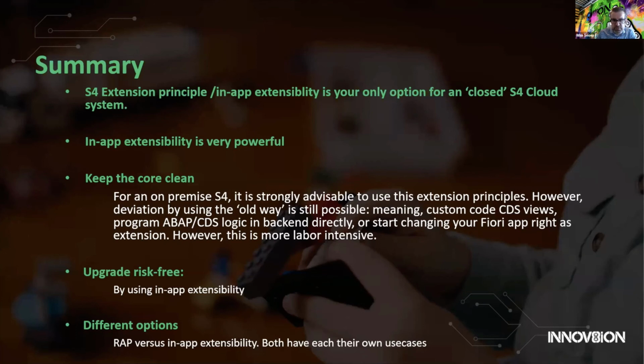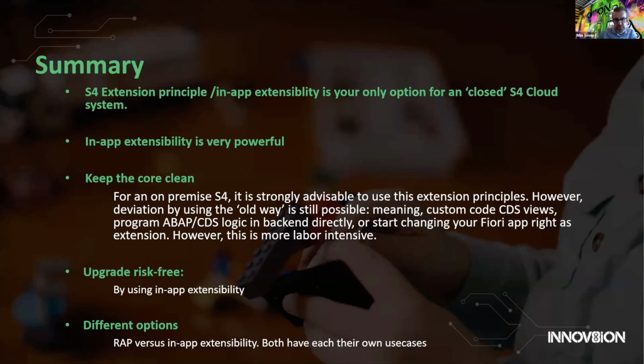And it starts with this paradigm, right? Keep the core clean. So on-premise S4, we still would like to use these principles. Instead of just start hacking your Fiori apps, you could look at this first thing, see what it can bring for you. To have in-app extensibility, change your Fiori apps, add some fields. If you need extra logic, you could consider this custom business object. And it's risk-free, right, for upgrading. That's a nice benefit.